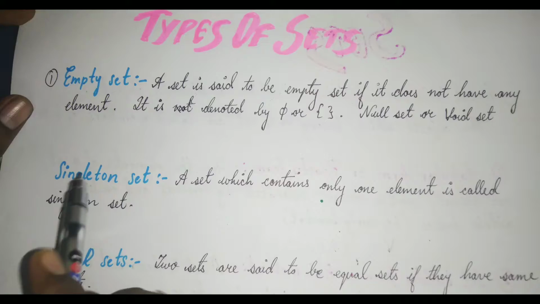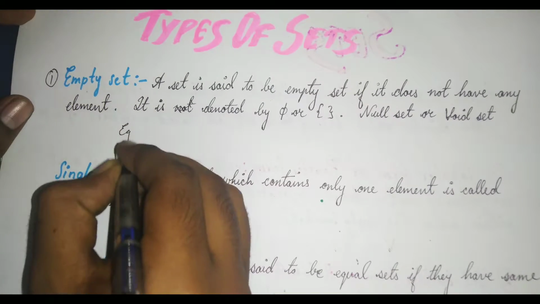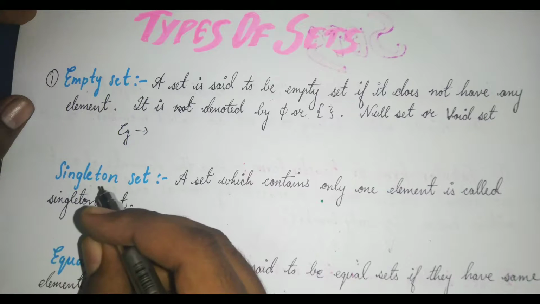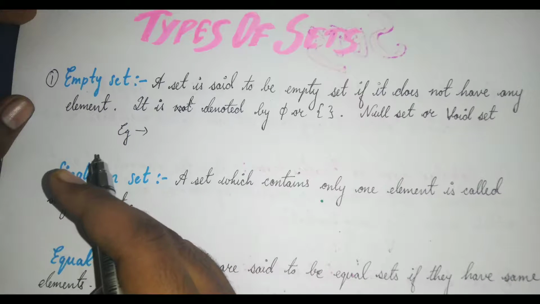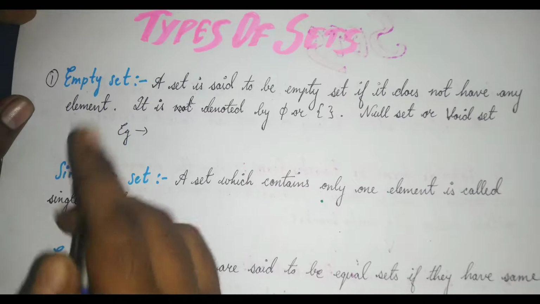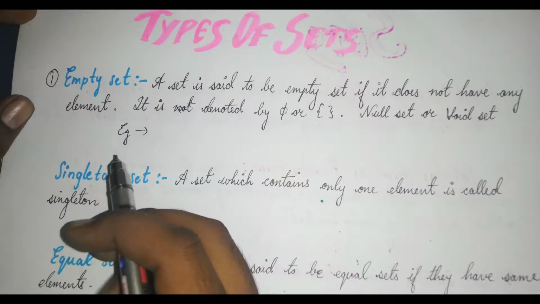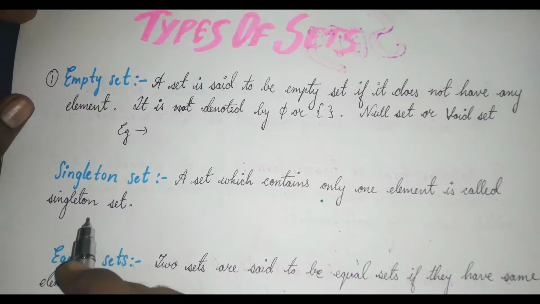We will take one example. Can we write the set of all odd natural numbers divisible by 2? It is an empty set, right? Odd natural numbers are not divisible by 2. We'll take one more example.